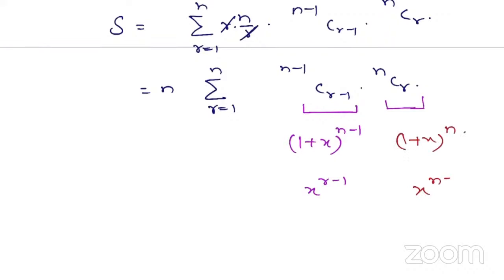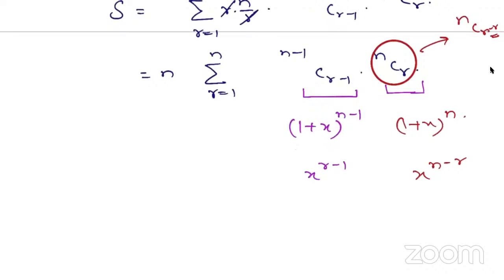x to the power n minus r. But we know that this term we can also write as nCn minus r. It's better to write n minus r, so we can cancel out this r and directly write down the answer, and this complete thing is multiplied with n.